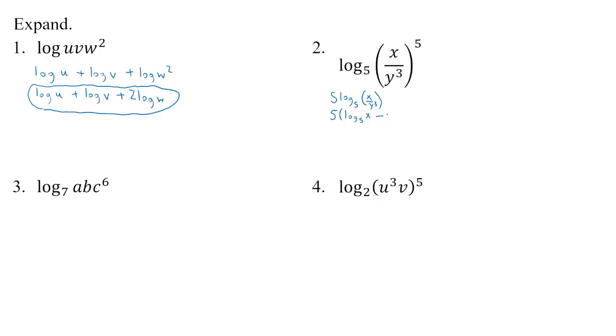That's log base 5 of x minus log base 5 of y to the third. And finally, no, wait a minute, not yet, because we got an exponent. So we're going to have to use the third property to turn that 3 into a coefficient.